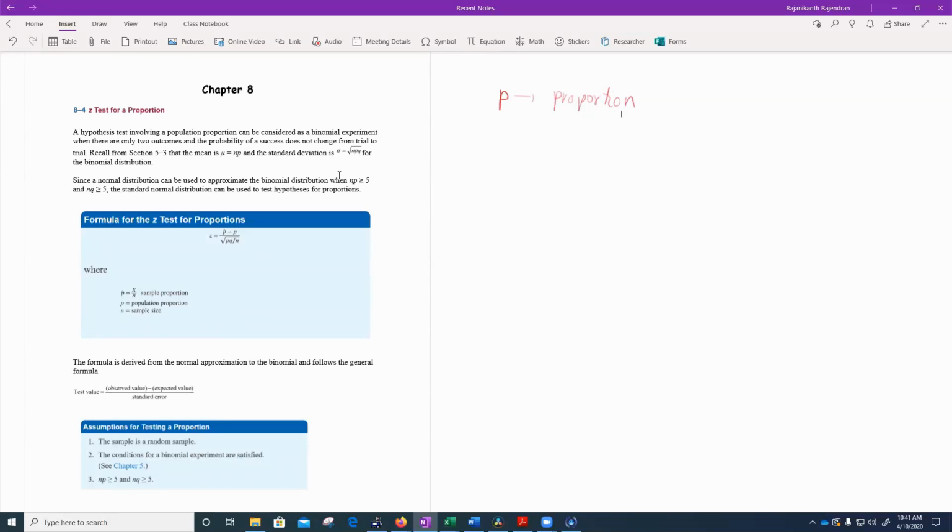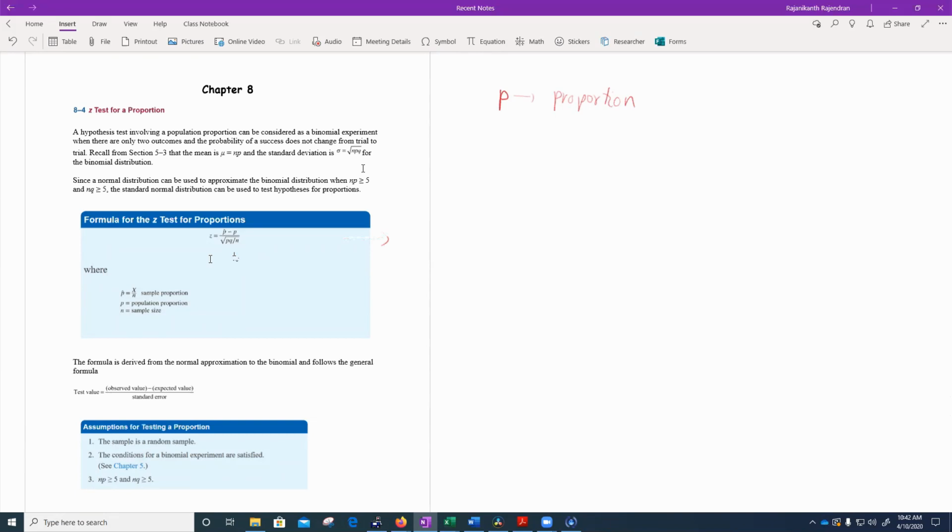Use the proper formula according to the problem. If it is proportion, use this now. Again, we are going to use the z-value now for the proportion. Remember when you had that problem, finding the confidence interval for the population proportion, we had a similar thing, right? The z values.